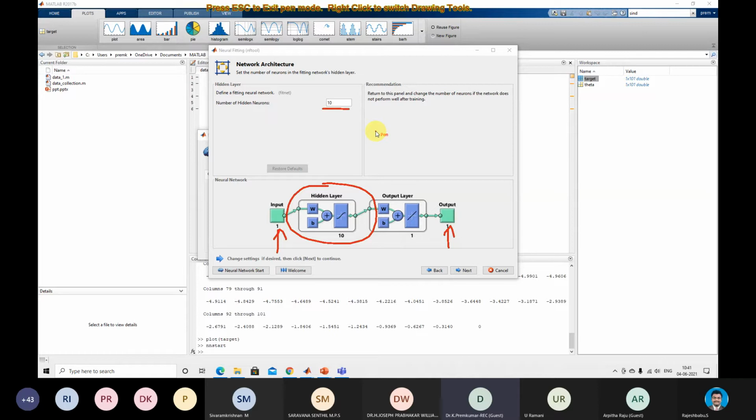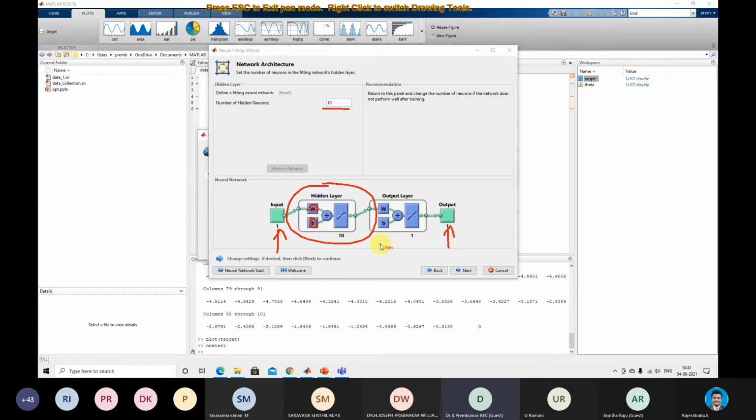But if you go for a higher number of hidden neurons, the training process is more complex, because during training you need to update the weights and the bias according to your input and target data, right?